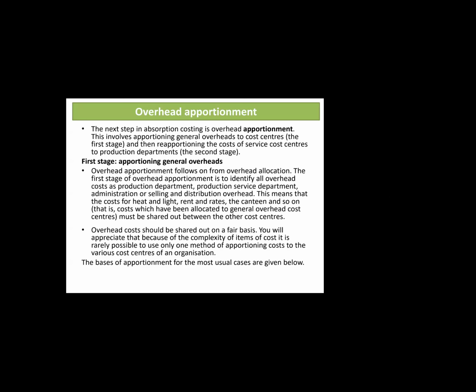This is called reapportionment of the cost of service cost centers to production departments. So, in the first stage, overhead apportionment follows overhead allocation: all overhead costs go directly to production departments and service departments. In the second stage, we reapportion service divisions' cost to the production divisions.